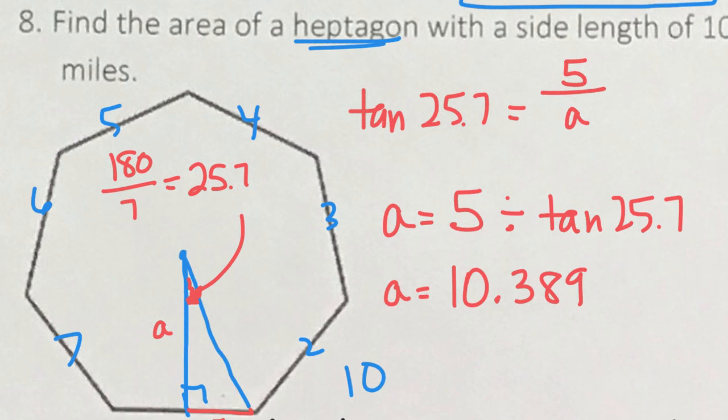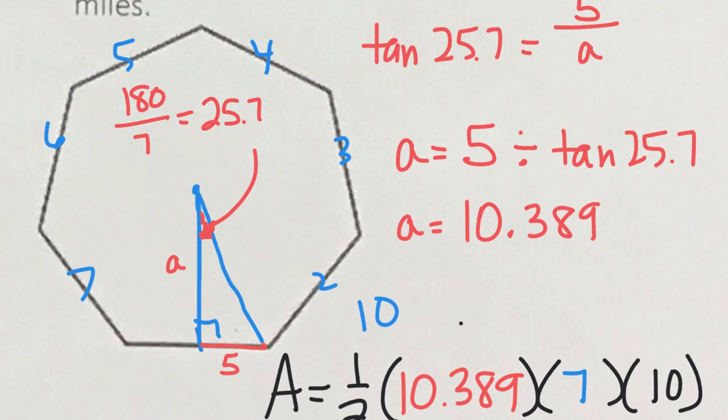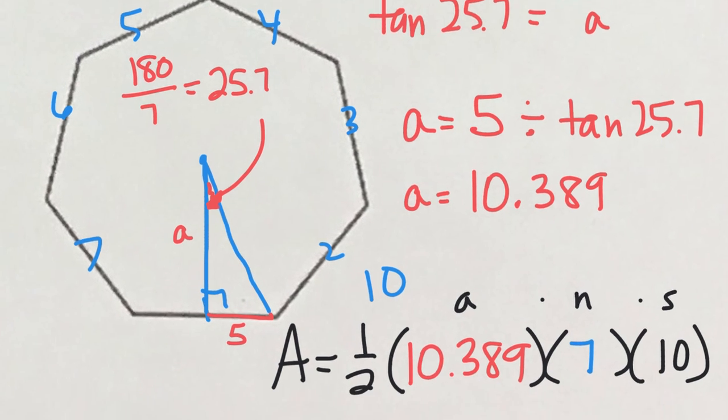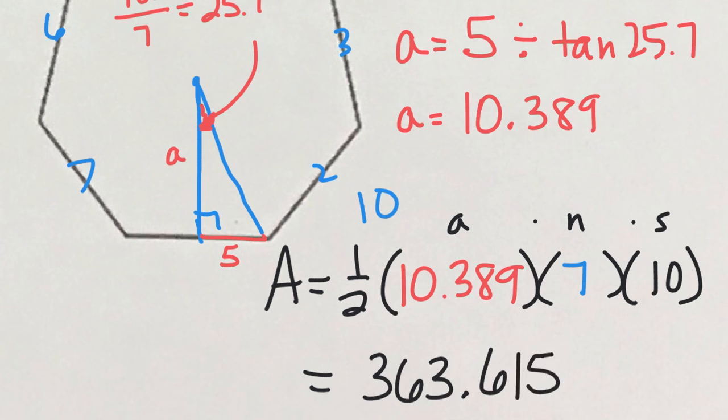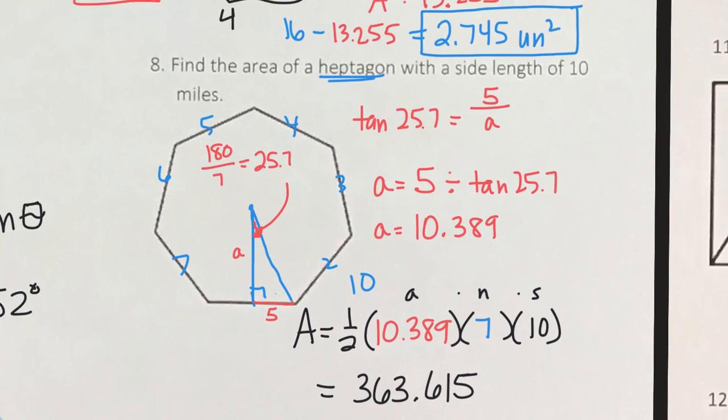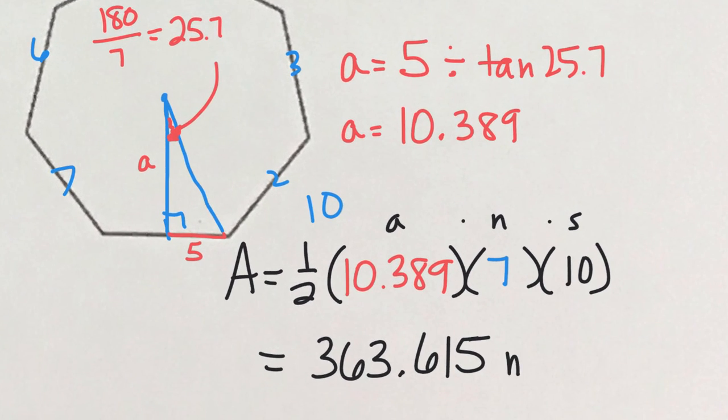I always try to use the same formula, 1/2 of apothem times number of sides times side length. So we stuff this all in our calculator, and I come up with an area of 363.615 square miles.